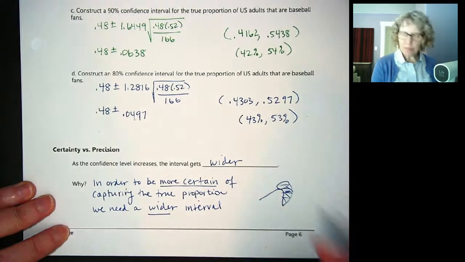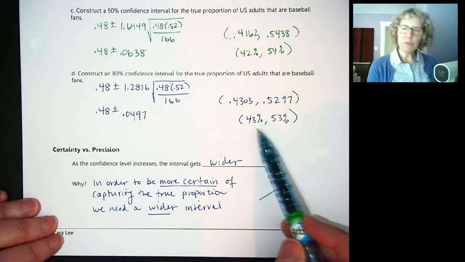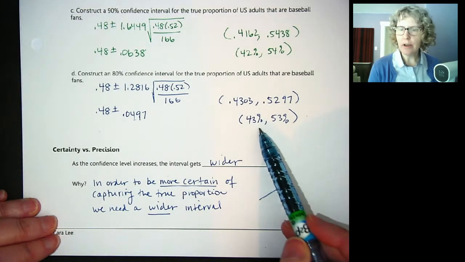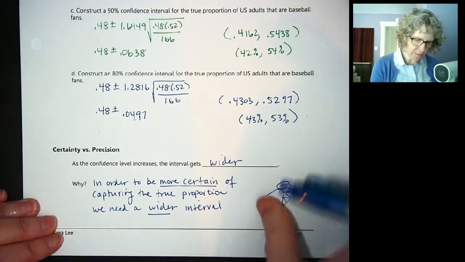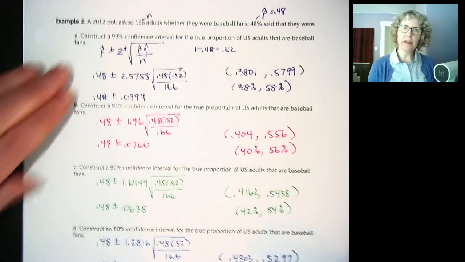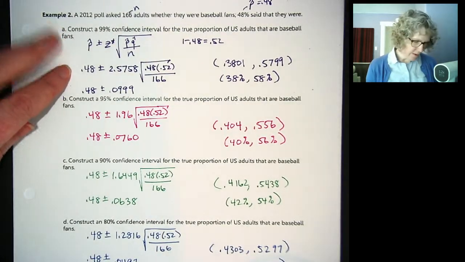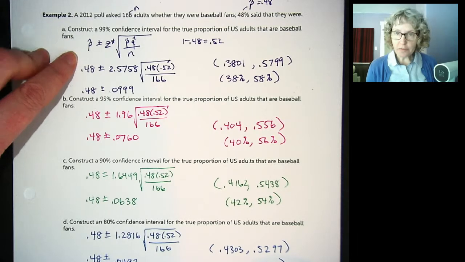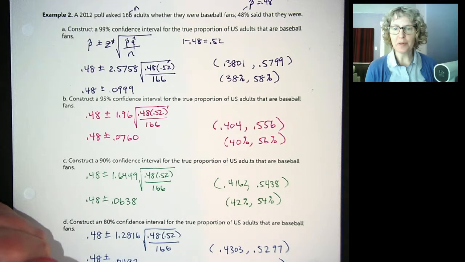If we don't need to be as certain, if we only need 80% confidence, then we can use a narrower interval. But if we want to be more certain, if it's something that has to do with life and death, with medical research or something like that, then we want a high confidence, and we're going to end up with a wider confidence interval.